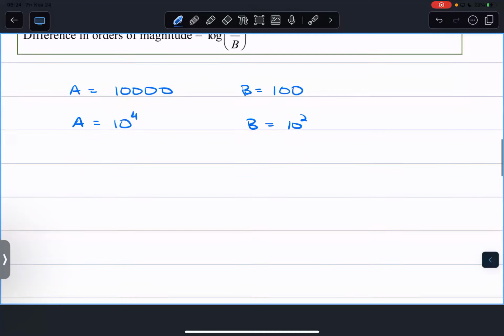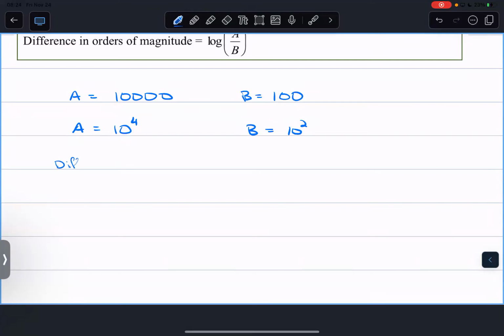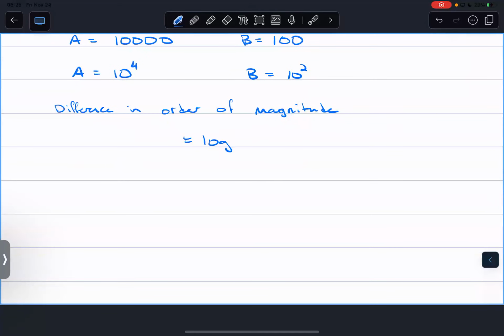So then the difference in the order of magnitude is going to be the log of A over B. The reason I rewrote them in terms of powers of 10 is because we're going to have the log of 10 to the 4 divided by 10 to the 2, which I can simplify by bringing this 10 to the 2 upstairs by rewriting it as 10 to the negative 2.